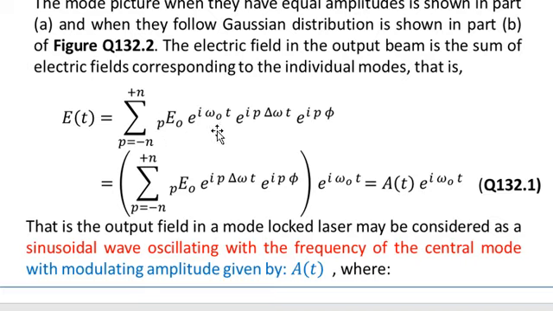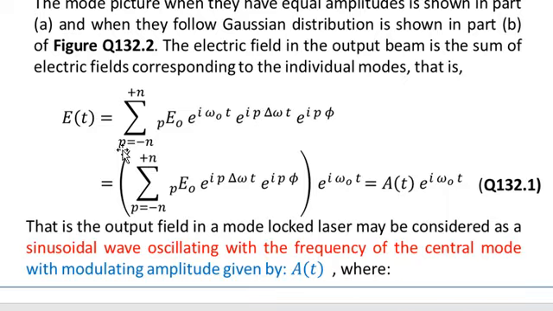Then e to the power iota omega naught t is the term due to the central mode, because the frequency of the central mode is omega naught. And this term, e to the power p times delta omega into t, where delta omega is the separation between two consecutive modes and p is the parameter running from minus n to plus n.